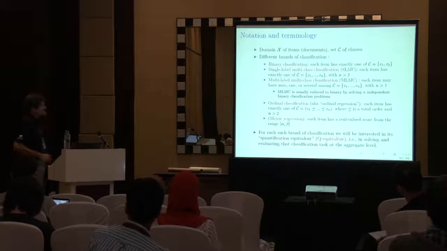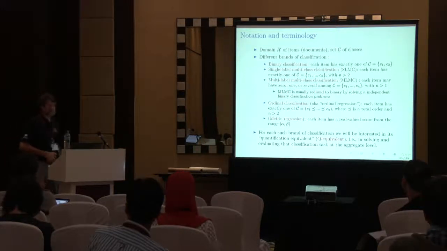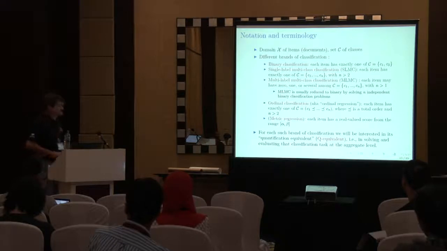The first brand is binary classification, where each item has exactly one of the two classes that make up C. Single-label multi-class classification is when each item has exactly one of a set of classes, with n higher than 2. In multi-label multi-class classification, each item may have 0, 1, or several among a number of classes n, with n higher than 1.